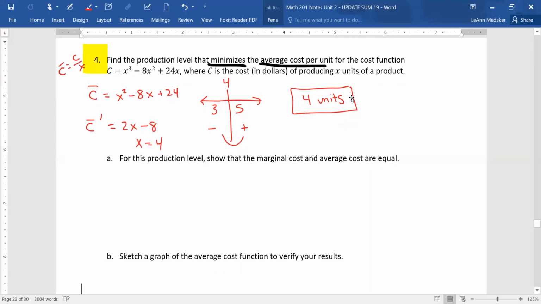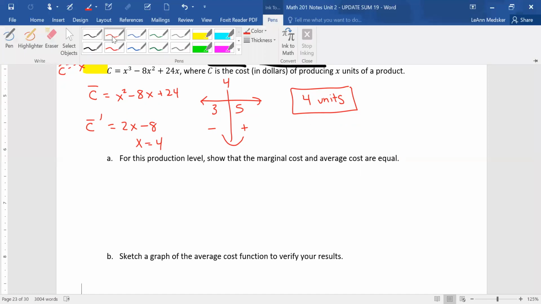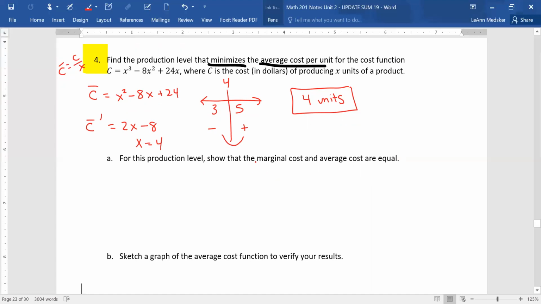Now it says for this production level, show that the marginal cost and the average cost are equal to each other. So what you have to remember is that marginal cost is the derivative of the original cost function. This would be C prime. So I need to find C prime. So C prime is going to be 3x squared minus 16x plus 24.